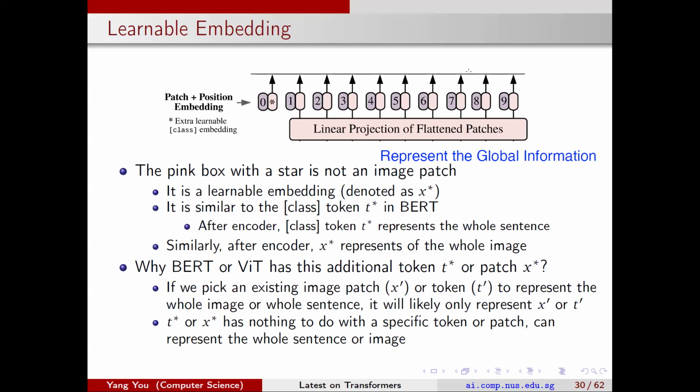Yes, I think adding more is okay. Here they probably believe one is enough because this token has the same dimension as the patch, 15 by 15 or 20 by 20.